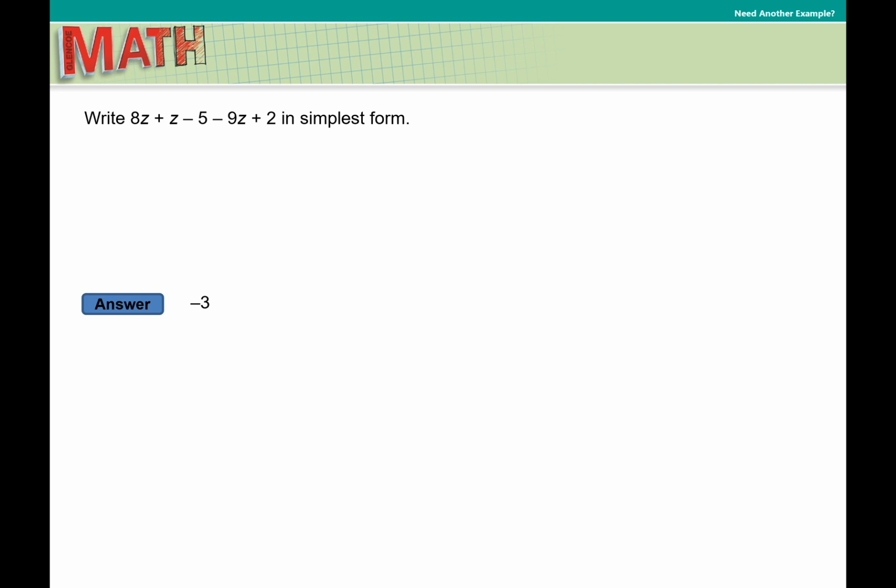You should have got an answer of -3. So rewrite the expression 8z plus z, I'll put that there so we know that's a z, plus -5 plus -9z plus 2. So first of all, we want to isolate the like terms.